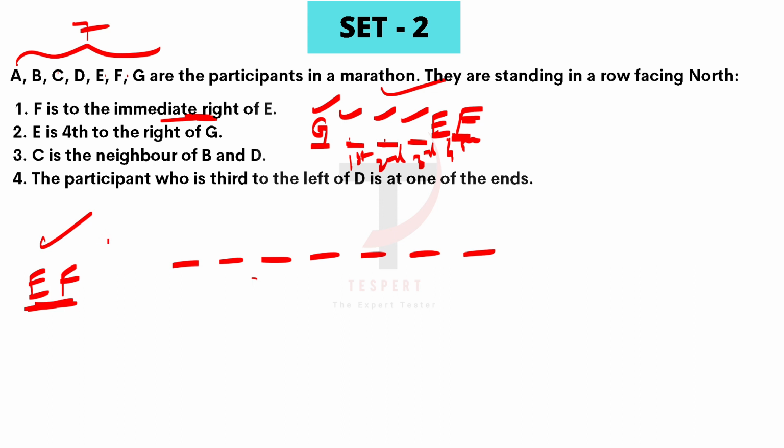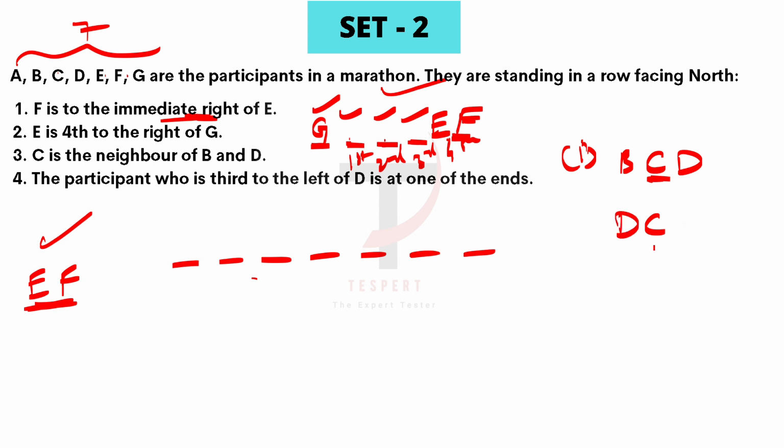Now the third statement says C is the neighbor of B and D. Okay. So if you observe, we can figure out 2 cases, which means BCD is possible and DCB is also possible.